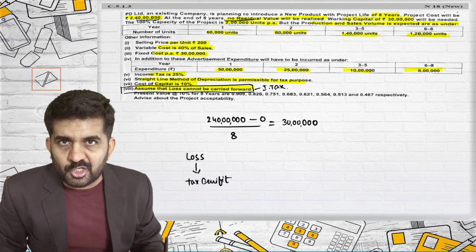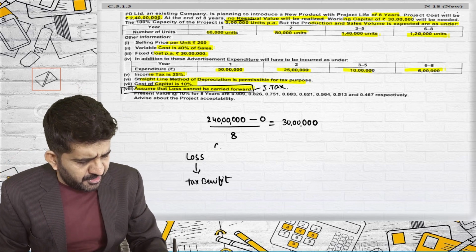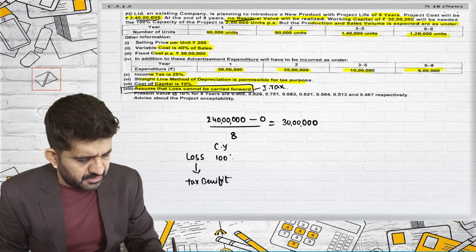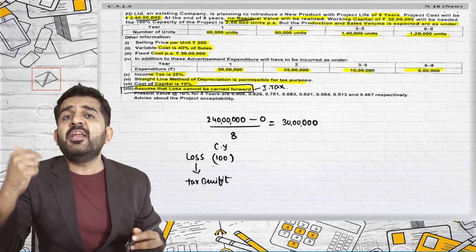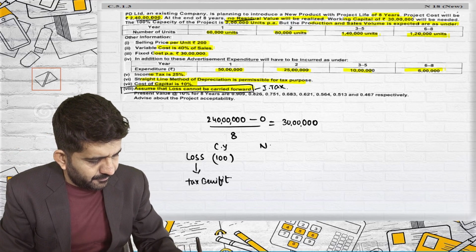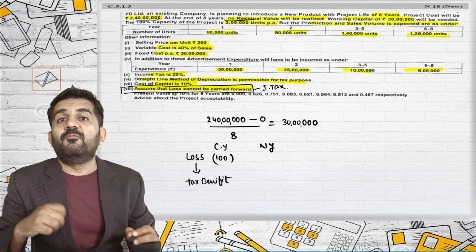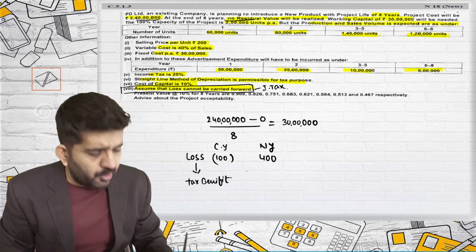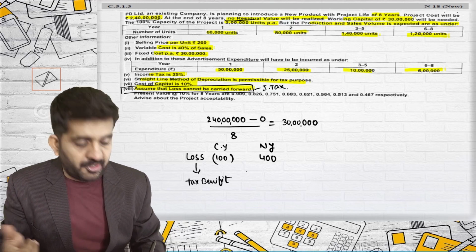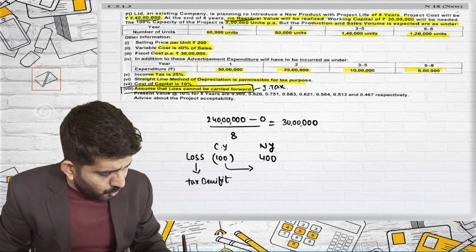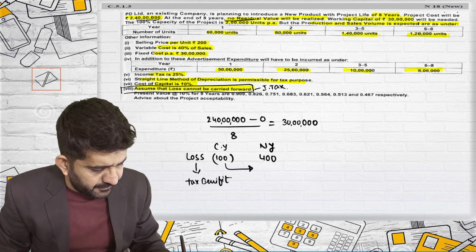Whenever there is a loss, say of current year, loss is 100 rupees. How will it give you tax benefit? In next year, when you earn a profit of 400 rupees, you will not have to pay tax on 400 rupees. This loss can be carried forward.